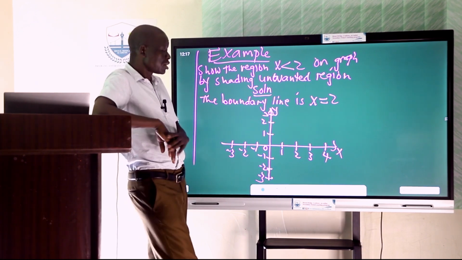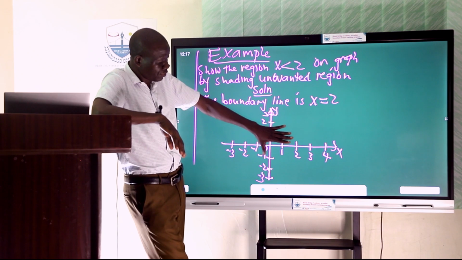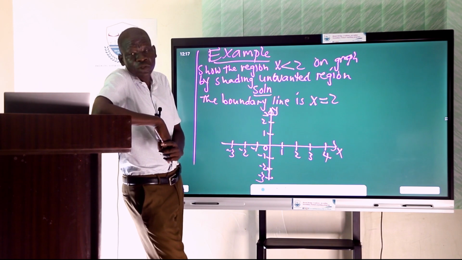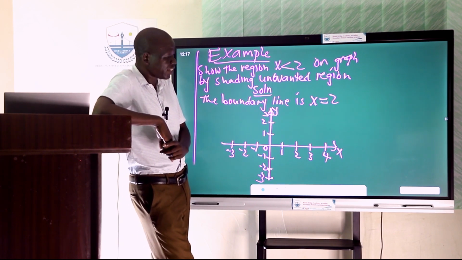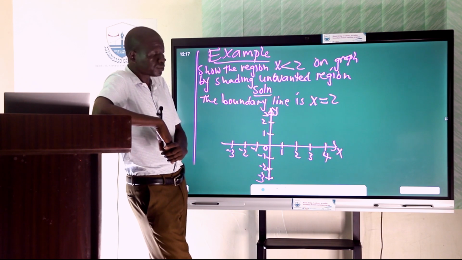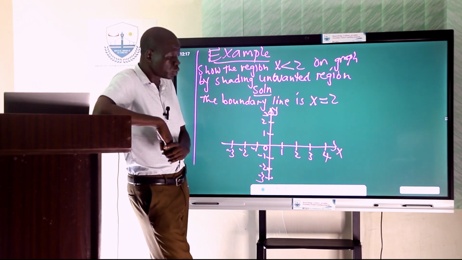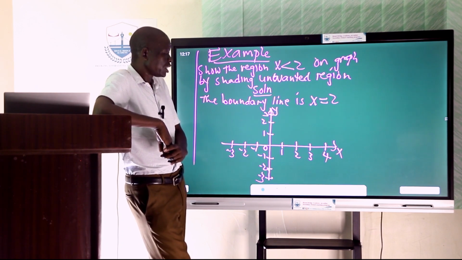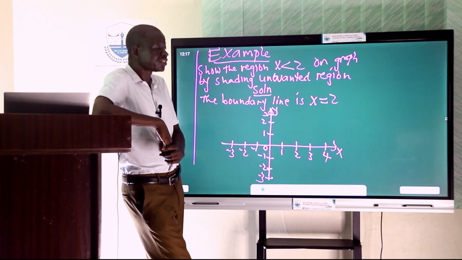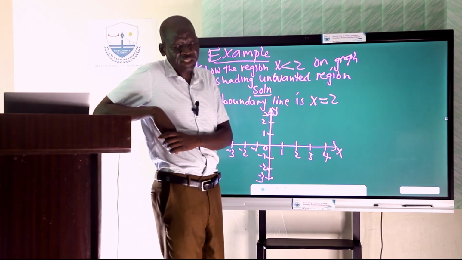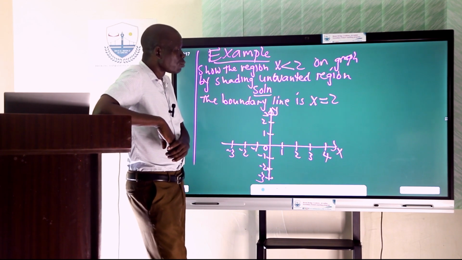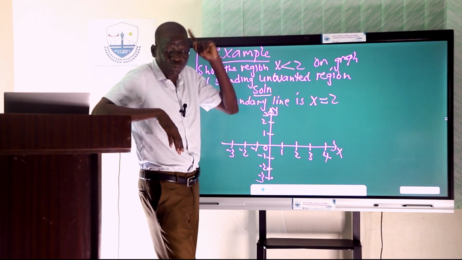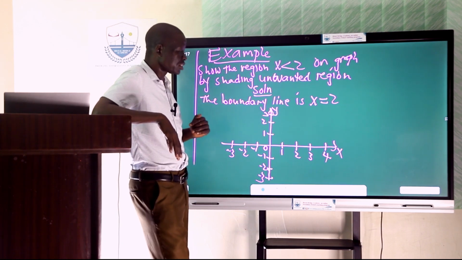Now, after representing the figures on the Cartesian graph, we are going to draw the line x is equal to 2. The line x is equal to 2 is a vertical line which passes through 2. But because our symbol was less than, we use a broken line to draw that line.